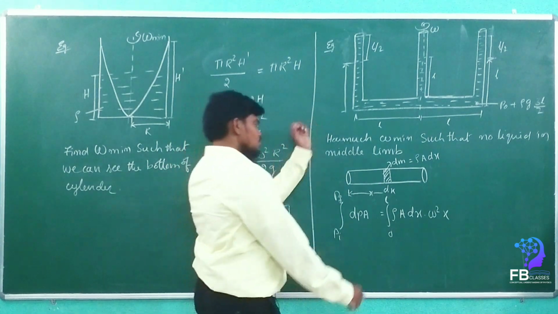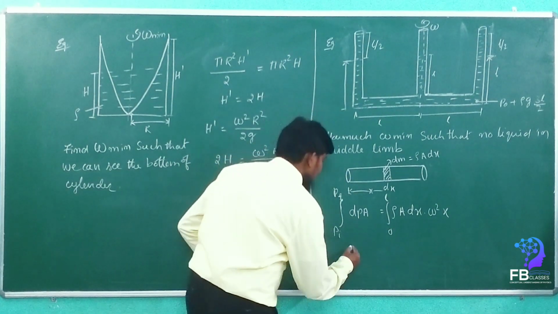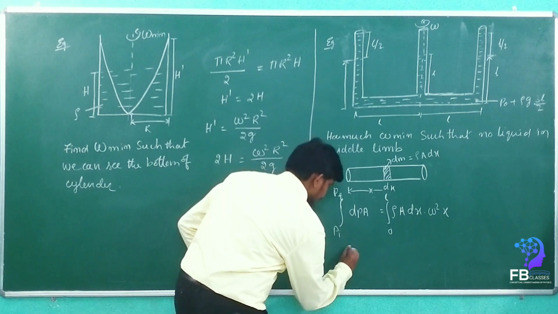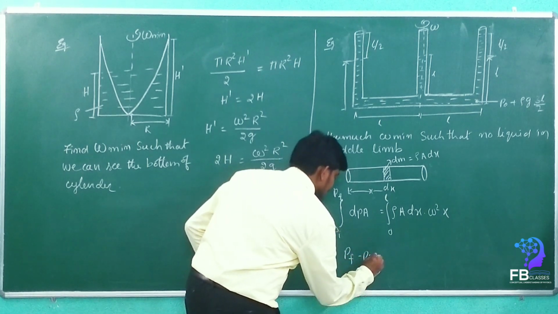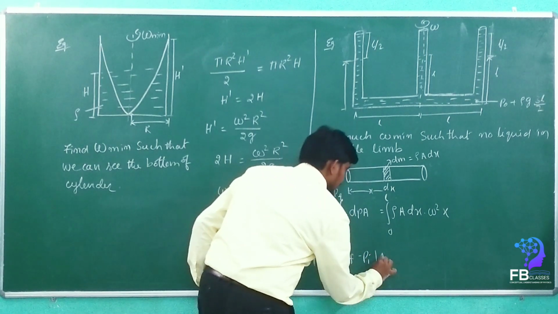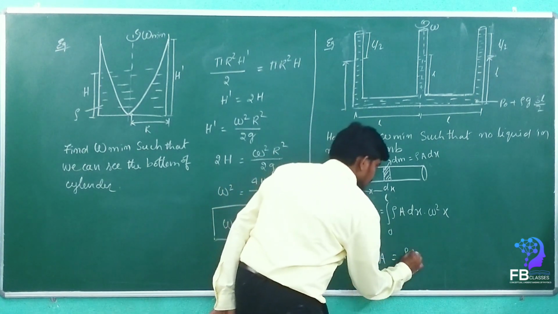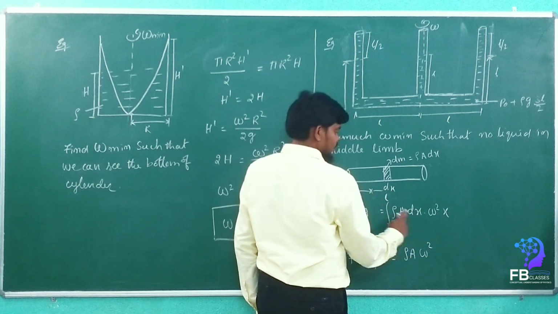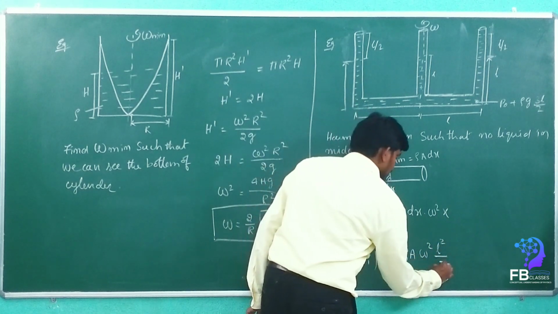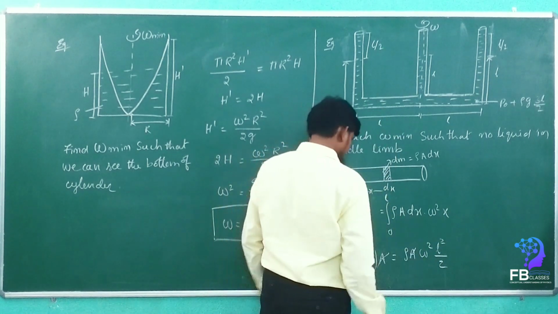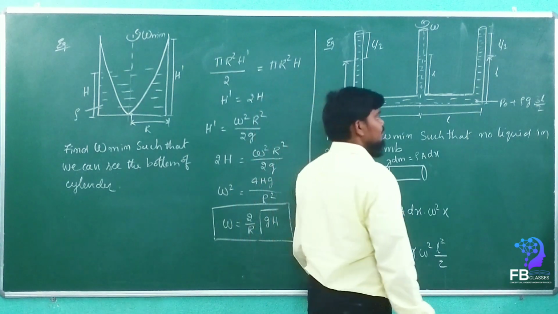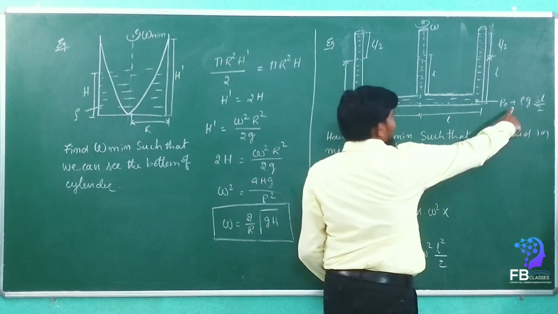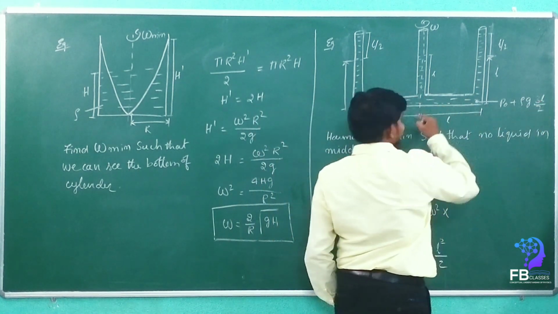Now what will happen? P final minus P initial, into A, is equal to rho A omega square x square by 2, that means L square by 2. So A gets cancelled. P final minus P initial: P final is rho g 3L by 2 minus 0.